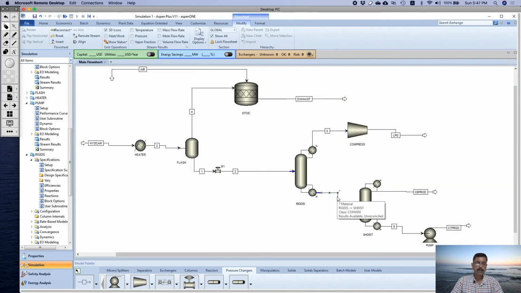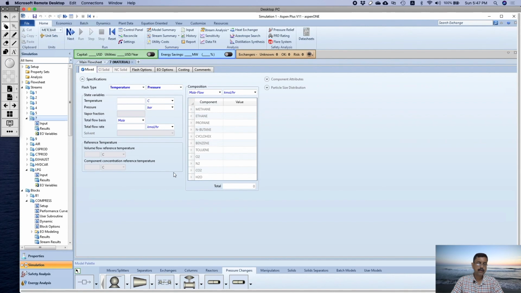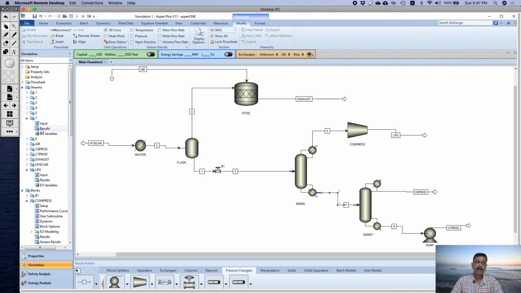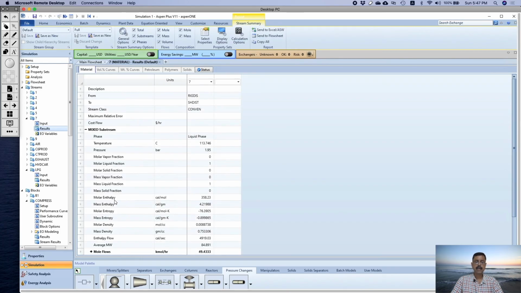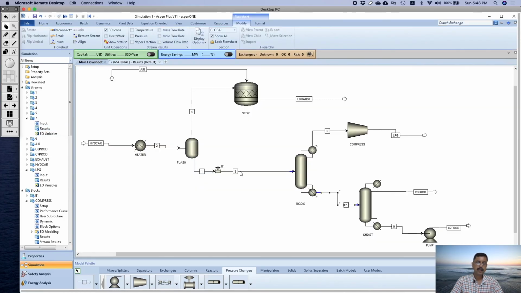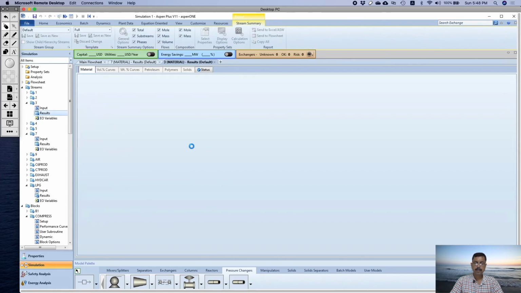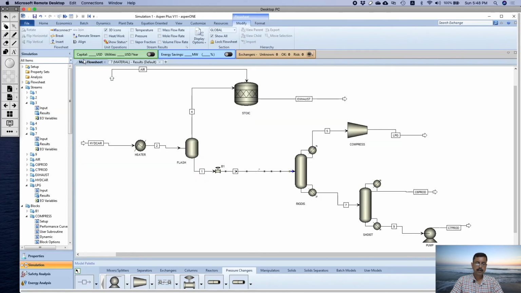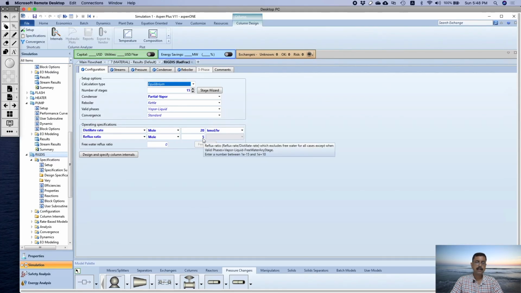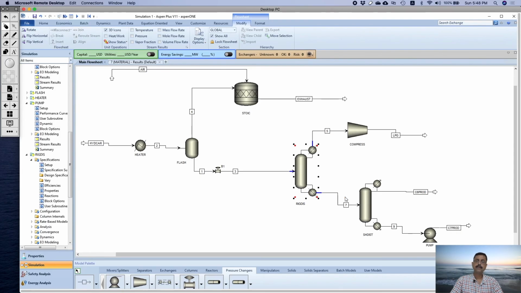Right now the reboiler output results, what is the molar enthalpy? It is 358 calorie per mole. So this much of enthalpy is needed, or if we decrease the reflux ratio to 3, then the logical conclusion is the molar enthalpy of this stream should increase.